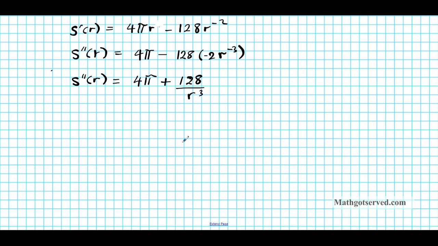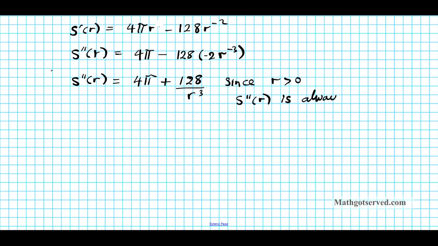Just by looking at this function, you notice that for our domain constraint, r is always bigger than 0. Okay, so since r is always bigger than 0, if we plug a positive number in this expression, what's going to happen? S double prime is going to be positive. Since r is greater than 0, s double prime of r is always positive.